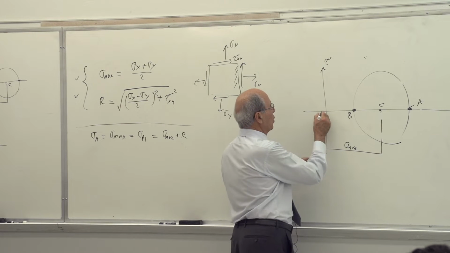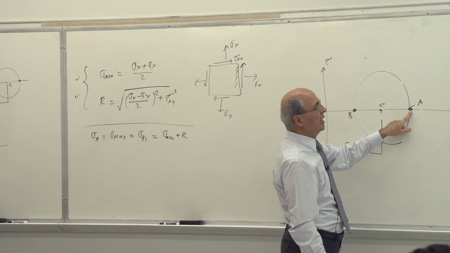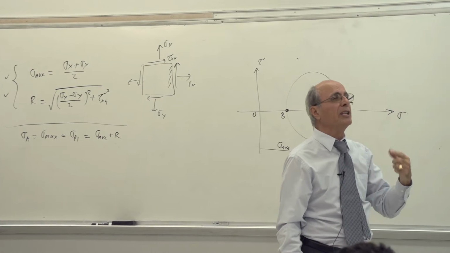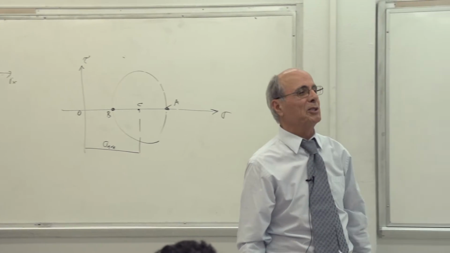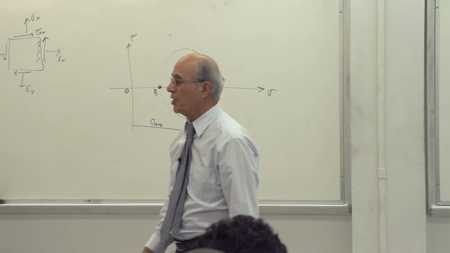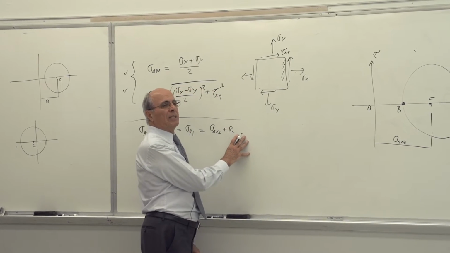This is O, C, and this is a very important point because any other point on this circle coming from the 3 equations is smaller. So this is the one I was looking for. You are always looking for principal stresses at the end of design, and this should be less than sigma allowable. Is that understood?